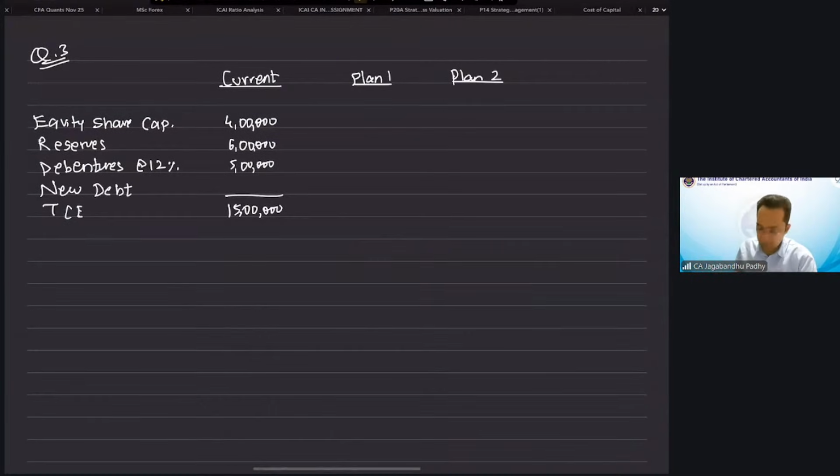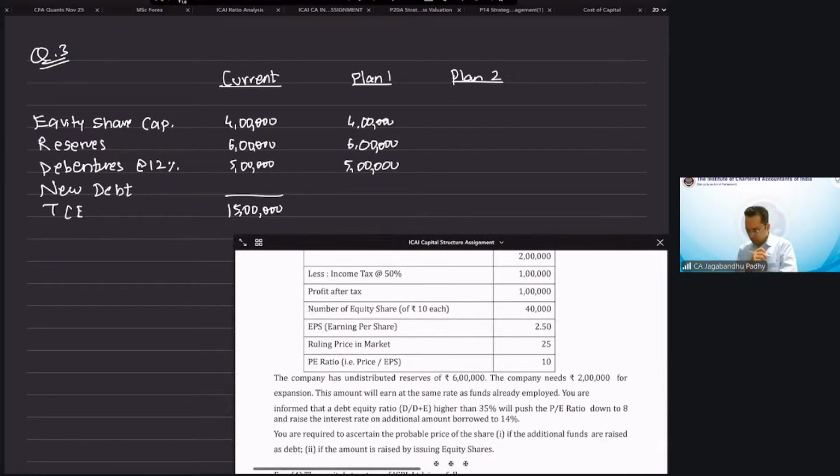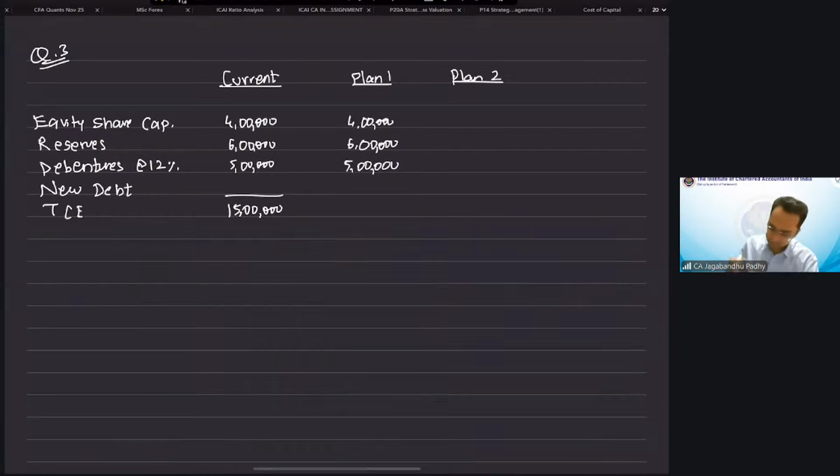So when it is raised by debt, your equity share capital will continue to be 4 lakh. Reserves will continue to be 6 lakh. The older debt at 12% will continue at 5 lakh. And a new debt is being raised to the tune of 2 lakh.